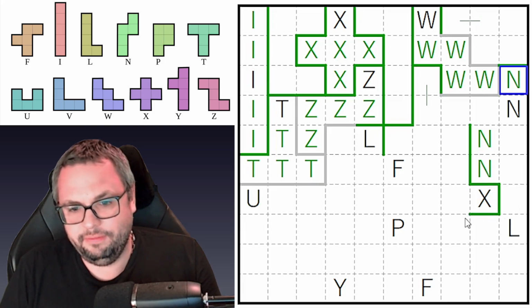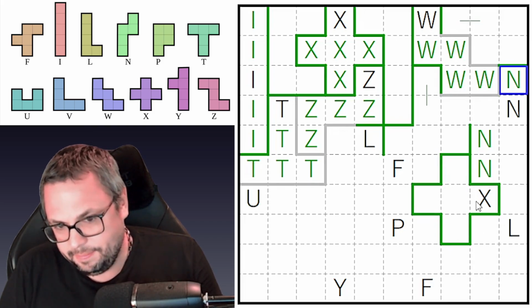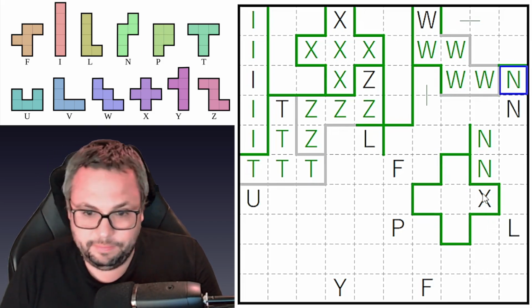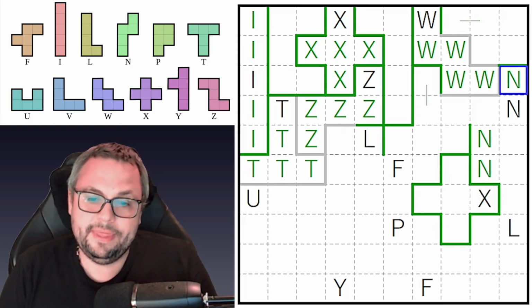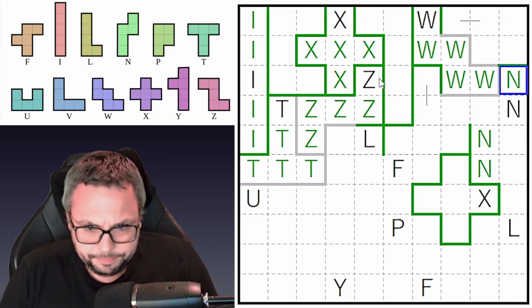And now the X, in fact, is forced, I think, to look like this, because if I went down from this, I'd be forcing this to be an X that would overlap the L in a way that we are not allowed to do.